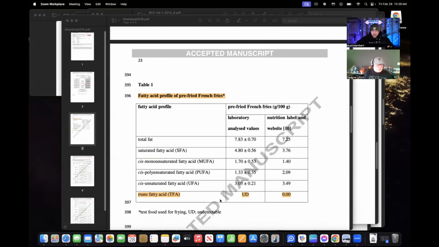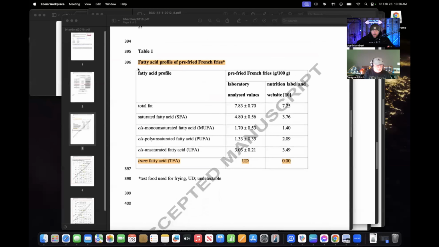And so what did they find here? We have our fatty acid profile of the pre-fried French fries. These French fries are pre-fried, partially cooked, and then frozen. This would be just like you would get at McDonald's or Burger King or any fast food restaurant. That's how they order their French fries.